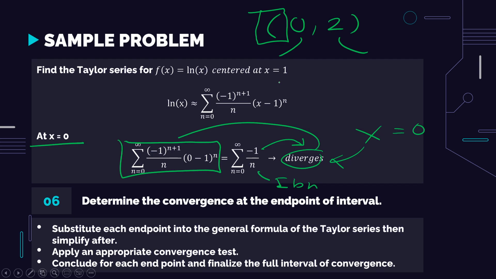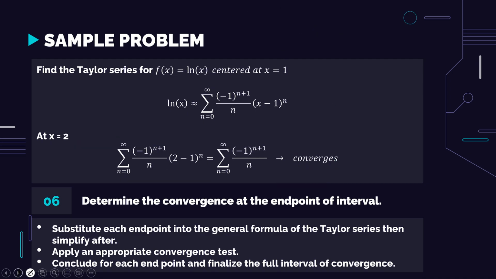If the series converges, we will use this box bracket. So we're done with x equals 0, so let's proceed to x equals 2.